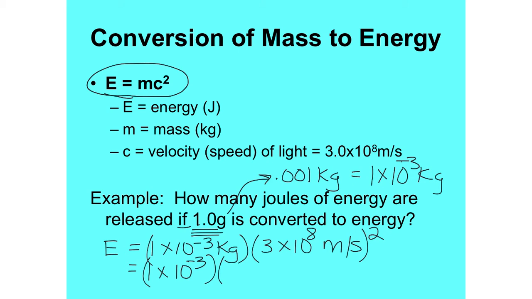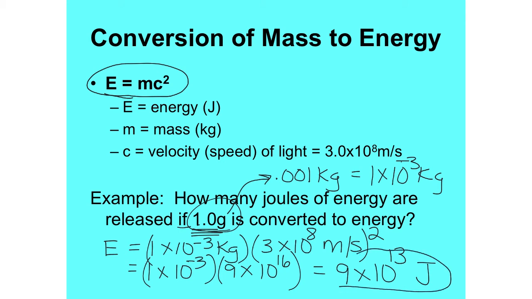So 3 times 10 to the 8th squared would be 9 times 10 to the 16th. So then when we multiply those together, that would be 9 times 10 to the 13th joules. That is a lot of energy. So 1 gram would correlate with a massive amount of energy.